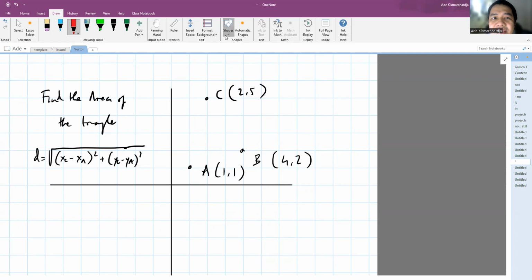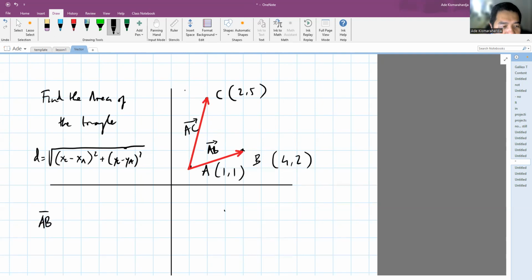Now, what happens is when you have 3 points like this, you can create 2 vectors. So that's the first one, and also I have another one from A to B. So we now have vectors AB and AC. These are the vectors coming from one point to another point.